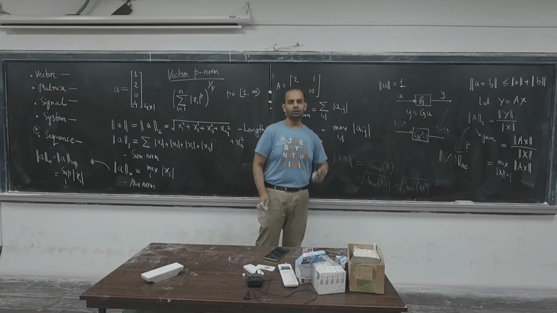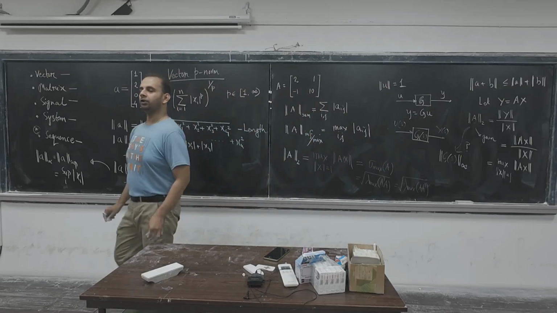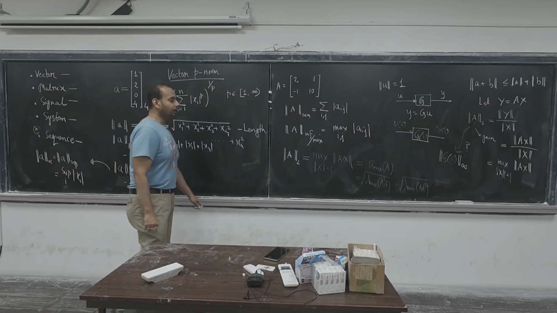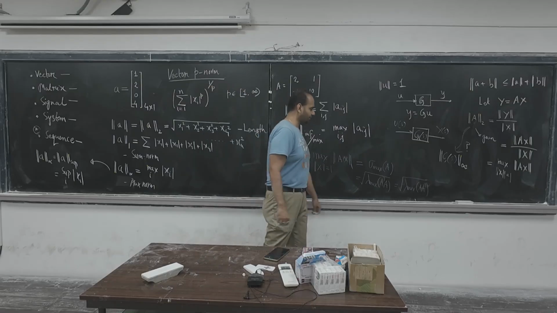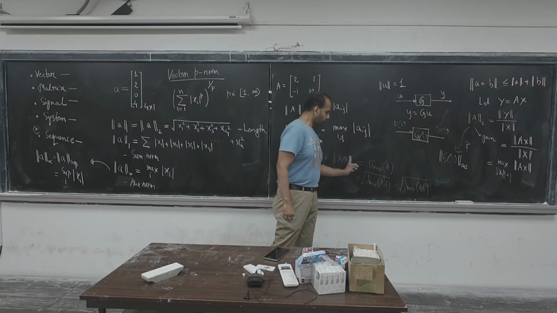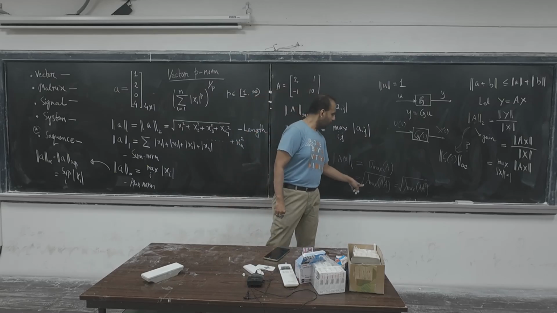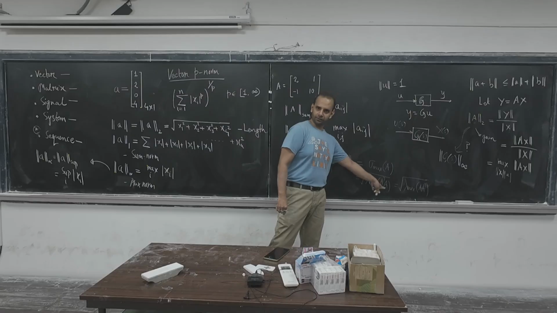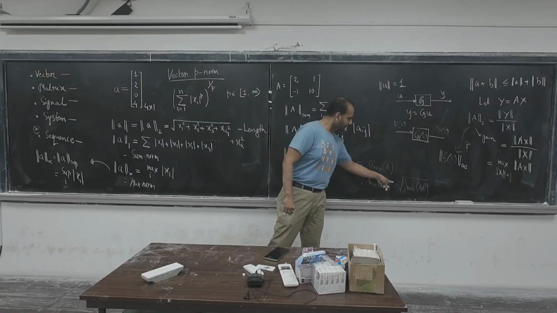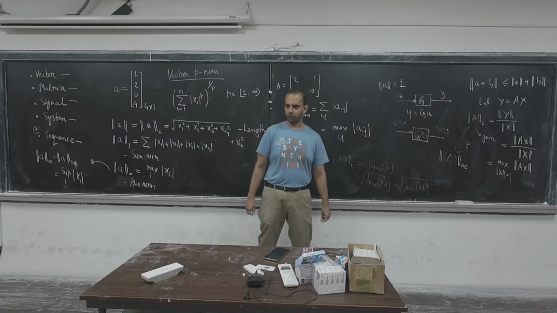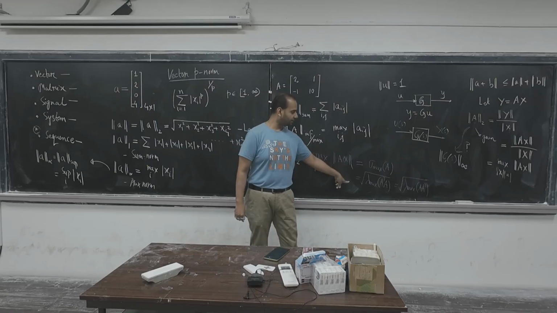That's why I'm writing only the formula. But I can provide you all the materials, you just have a look, then it will be more interesting. So this 2 norm can be calculated by using sigma max, which is the square root of lambda max of A transpose A. They will be the same.